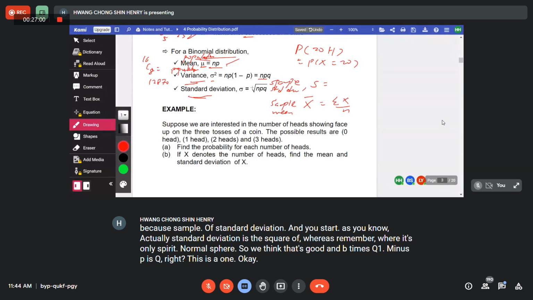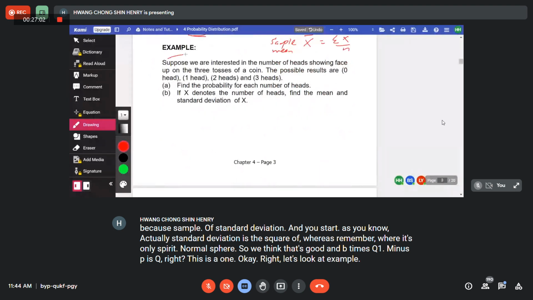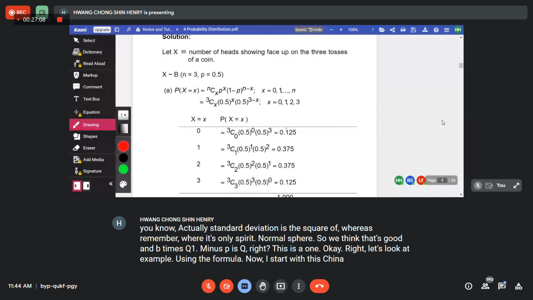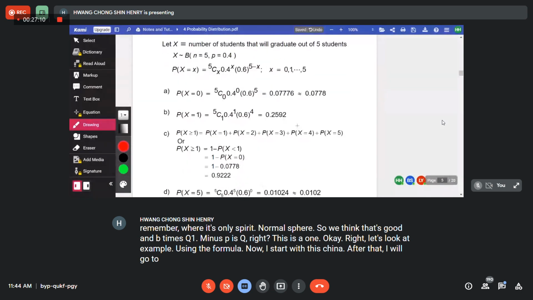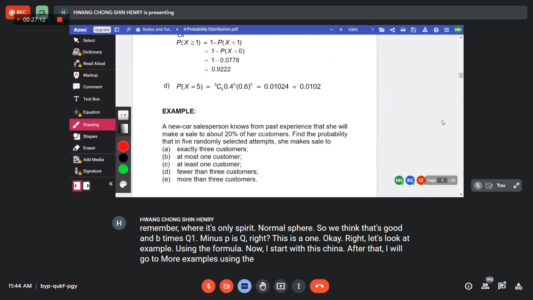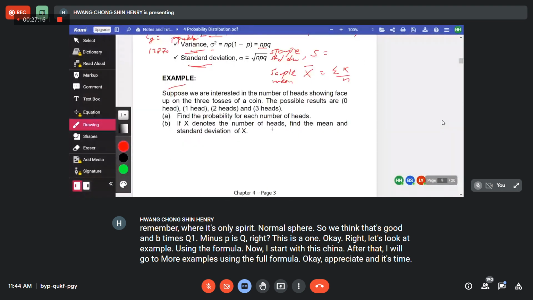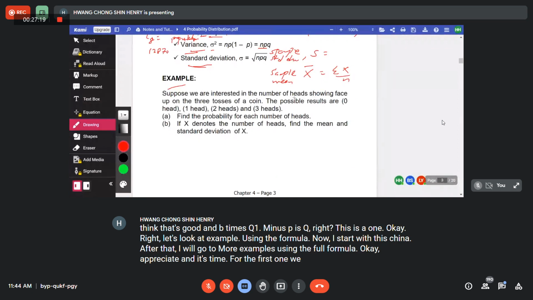Okay. Alright. Let's look at an example using the formula. Now, I start with this point. After that, I will go to more examples using the full formula. I hope we can finish it in this time. So the first one, we take a coin.